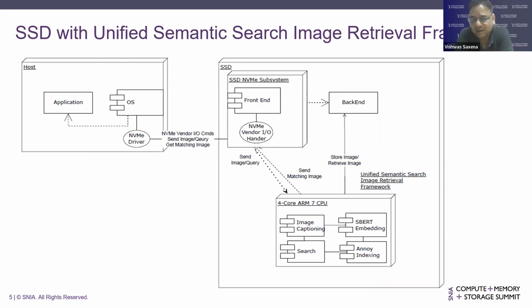And then for faster search, we're going to have one more component called Annoy indexing, which is going to result in the faster search of the user queries inside these embeddings. And then this unified image retrieval framework is going to store and retrieve images from the SSD backend. This is how the architecture looks inside the SSD for our framework.